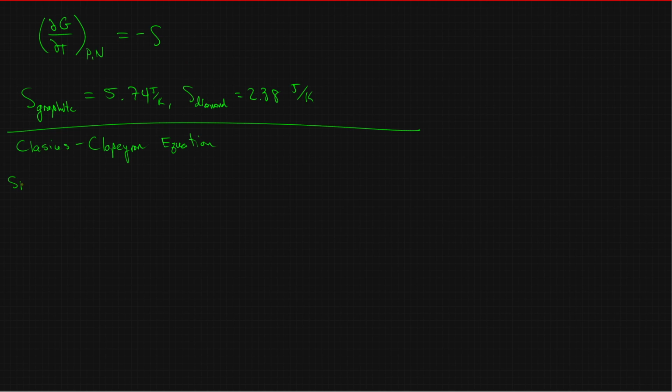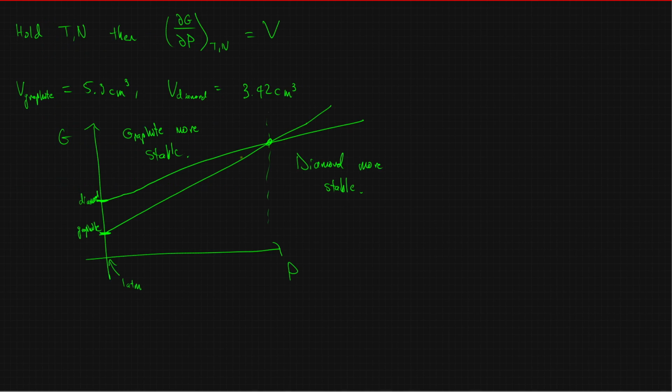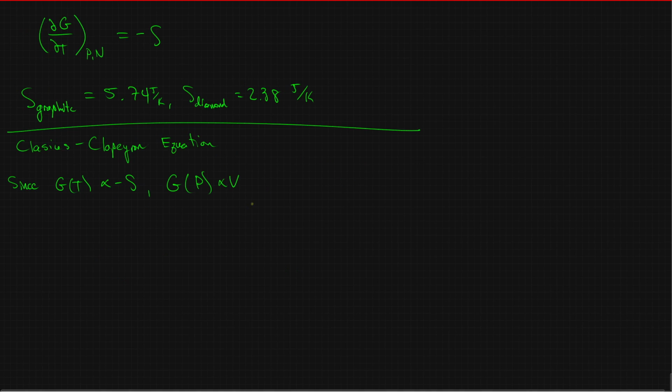So what can we say? We know that the temperature dependence of the free energy is proportional to minus S, just like we said up here. And we also know that the pressure dependence of the free energy is proportional to the volume, which is what we just said on the previous slide right here. So those were both easily derivable from the thermodynamic identity for G. So what can we say?